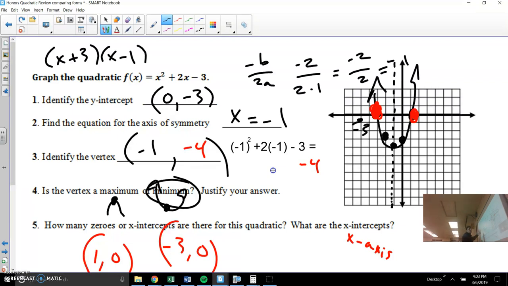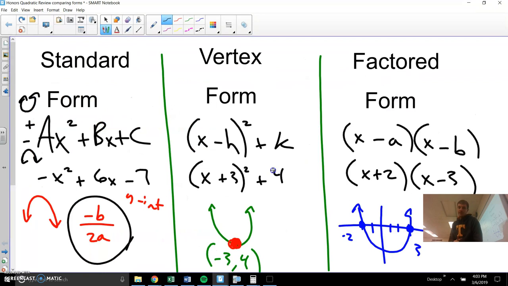And 1 minus 1, well, that's this x-intercept there. So the point of factored form is to really help you understand where it hits that x-axis. So for example, if you had x plus 2 and x minus 3, that means it would cross at negative 2 as well as positive 3 on the x-axis.